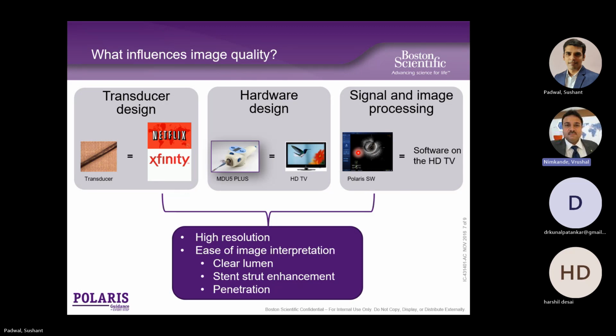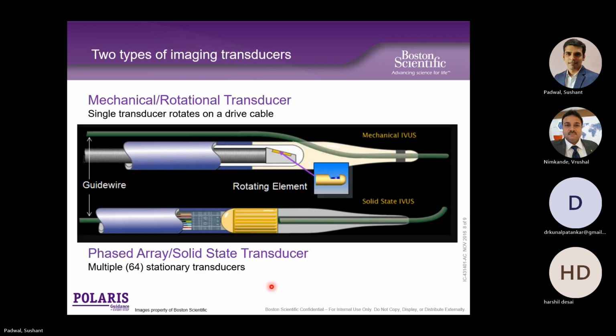So all these things contribute to a better image quality. Tomorrow it should not be perceived that if any other company is offering you 60 megahertz, you will get the same 60 megahertz quality that Boston Scientific is offering. Within 60 megahertz also there would be differences on the basis of these three factors. Am I clear?